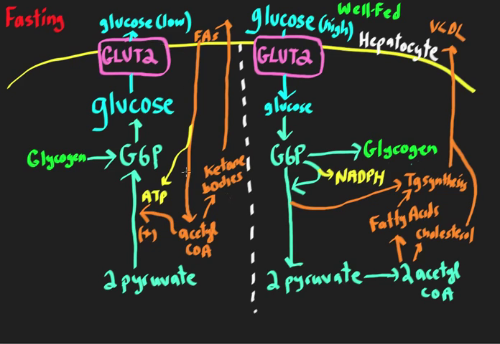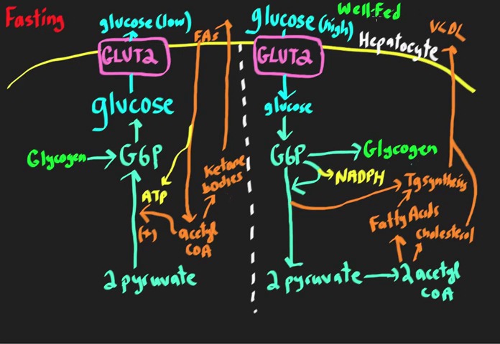And in the whole process of fatty acid oxidation, you make ATP through production of NADH and FADH2, which go into the electron transport chain, and acetyl-CoA, which can go into the TCA cycle and make more ATP. So it's just important to point out that this fatty acid oxidation is providing the energy to drive gluconeogenesis, which is really important.